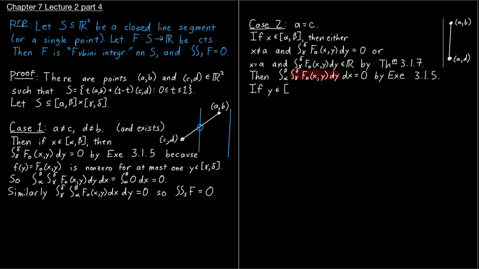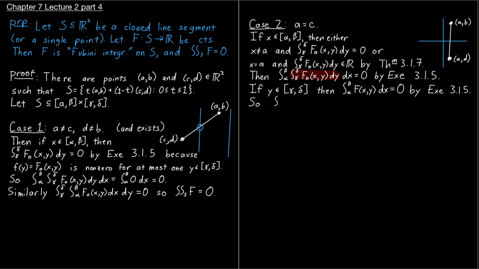And then if we integrate in the other direction, if y is in gamma delta, then we are integrating f of xy dx. That's integrating over a nice horizontal slice in this case. And that crosses our line segment at only one point. The integrand is 0 for all but at most one point. So we are getting a lot of mileage out of exercise 3.1.5 in this case.